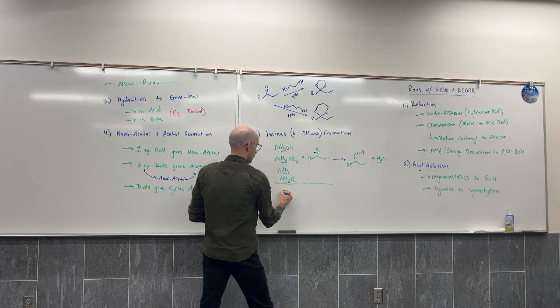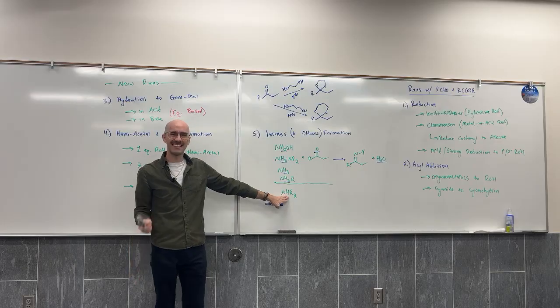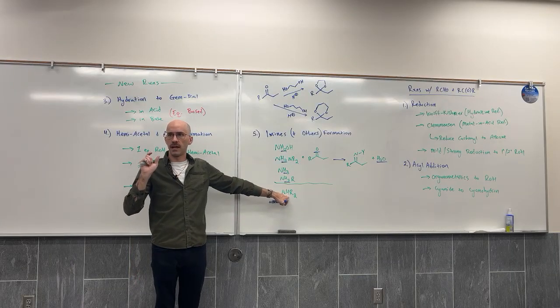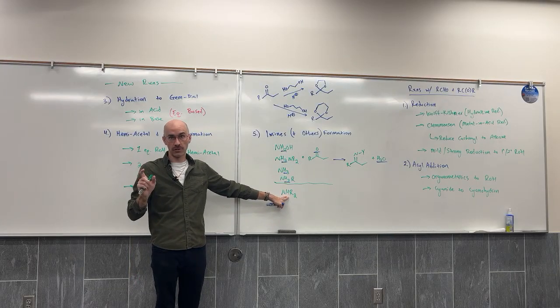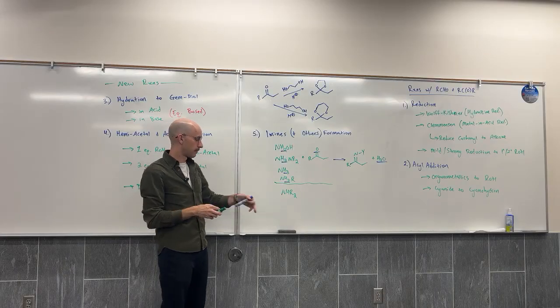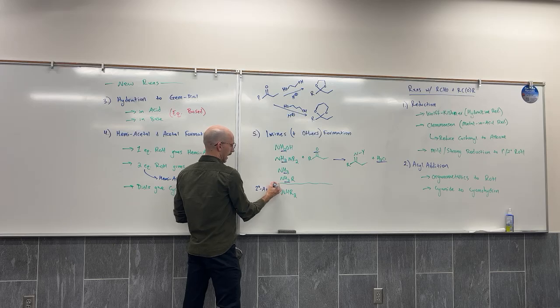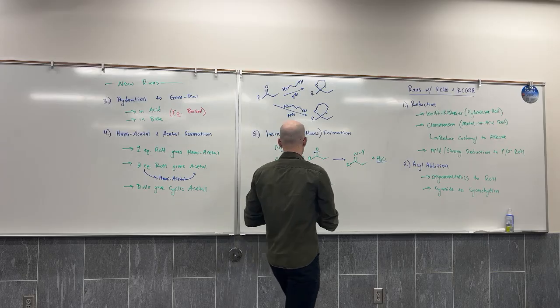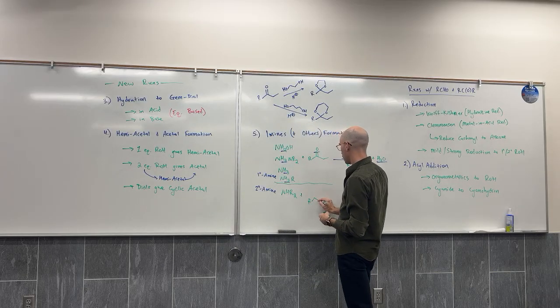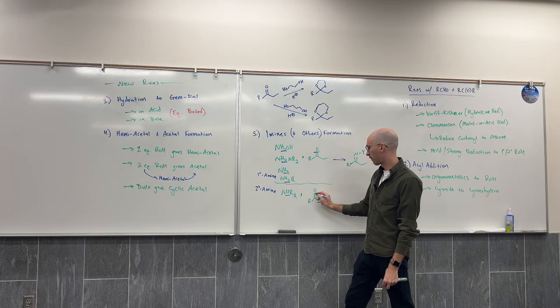But what happens if I react everything in the same conditions, but I have a secondary amine, a nitrogen that does not have 2 hydrogens to lose, a nitrogen that cannot contribute both hydrogens of the byproduct water? The secondary amine can't react like the primary amine or like ammonia, and instead has to take an extra hydrogen off of the alpha carbon.